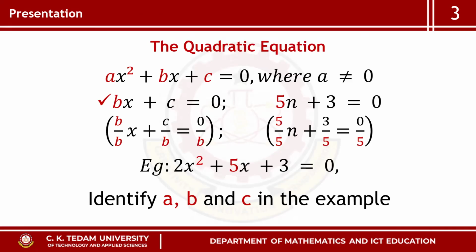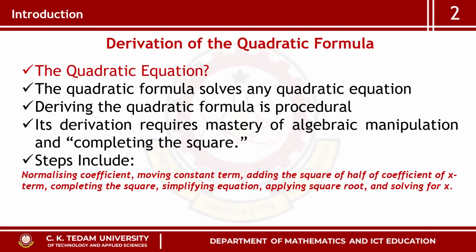Now we want to see that there are few steps we will take in order to derive the general quadratic formula, and the few steps will involve normalizing the coefficient. The coefficient here is the coefficient of the quadratic x, which is a in this case.